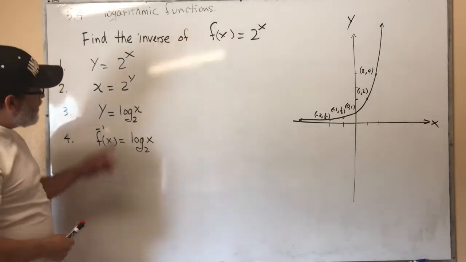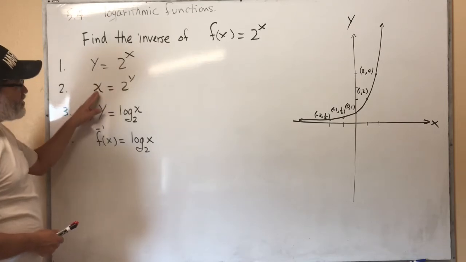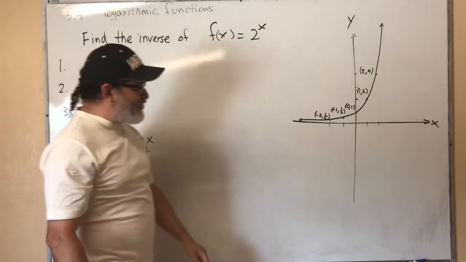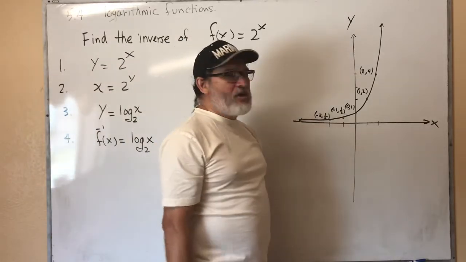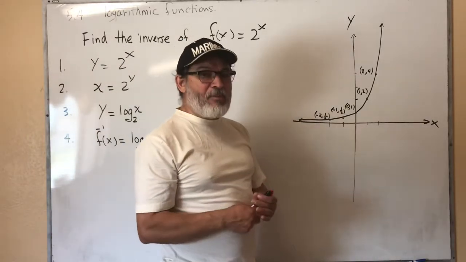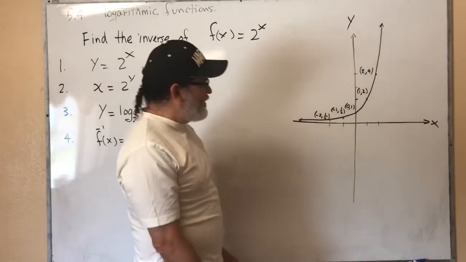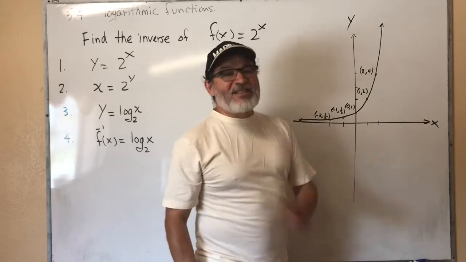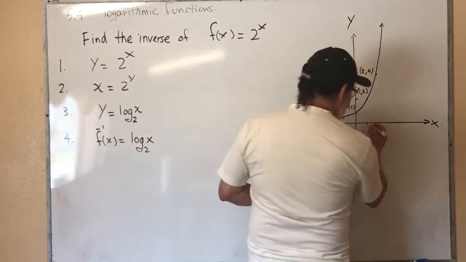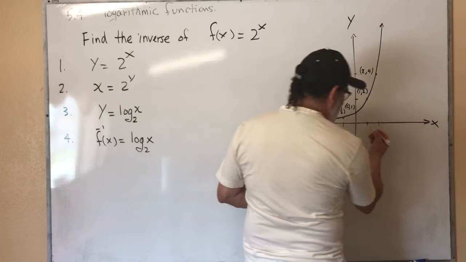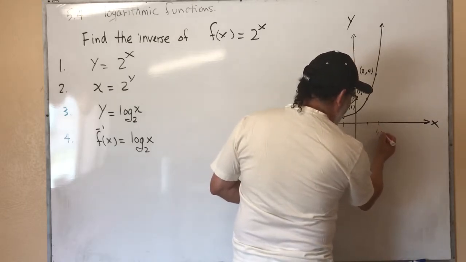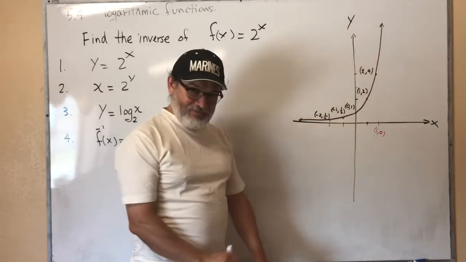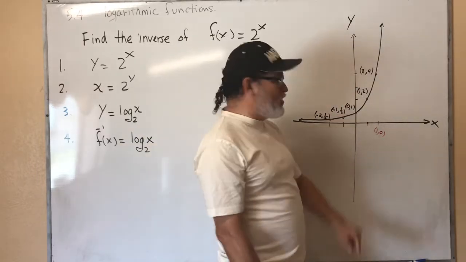Remember what we did here? Step number 2, we interchange the coordinates. If you interchange the coordinates, you're finding the inverse. I'm going to do it in red. So you see this 0, 1? It becomes 1, 0. You see this 1, 2?